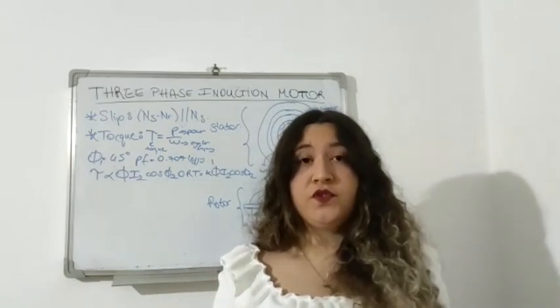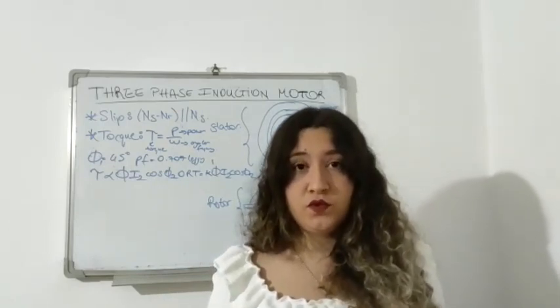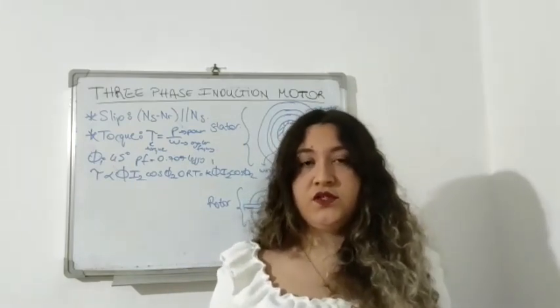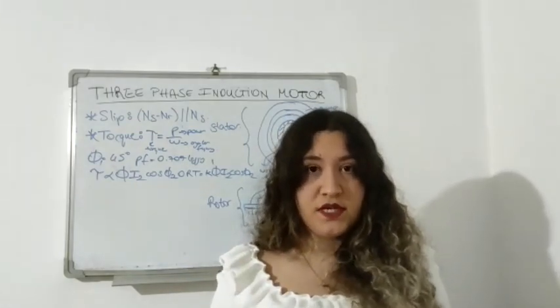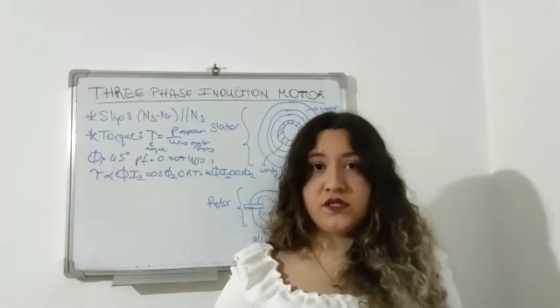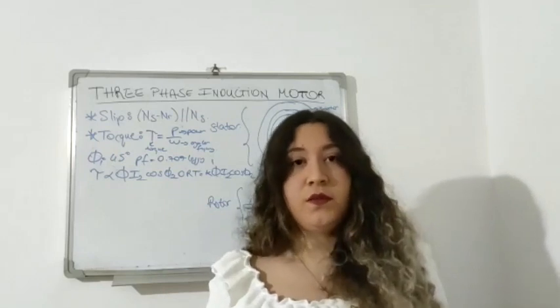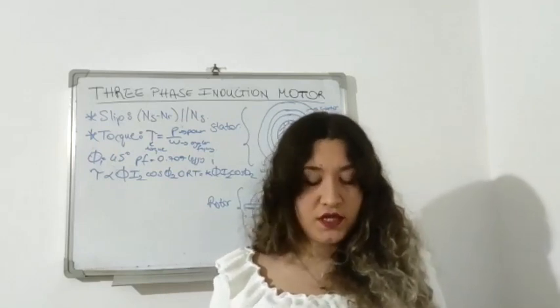First of all, you have to know that the three-phase induction motor is a self-starting motor. A magnetic field is produced in the stator, and the rotor begins rotating after that. The motor can also be started by applying a reduced voltage.